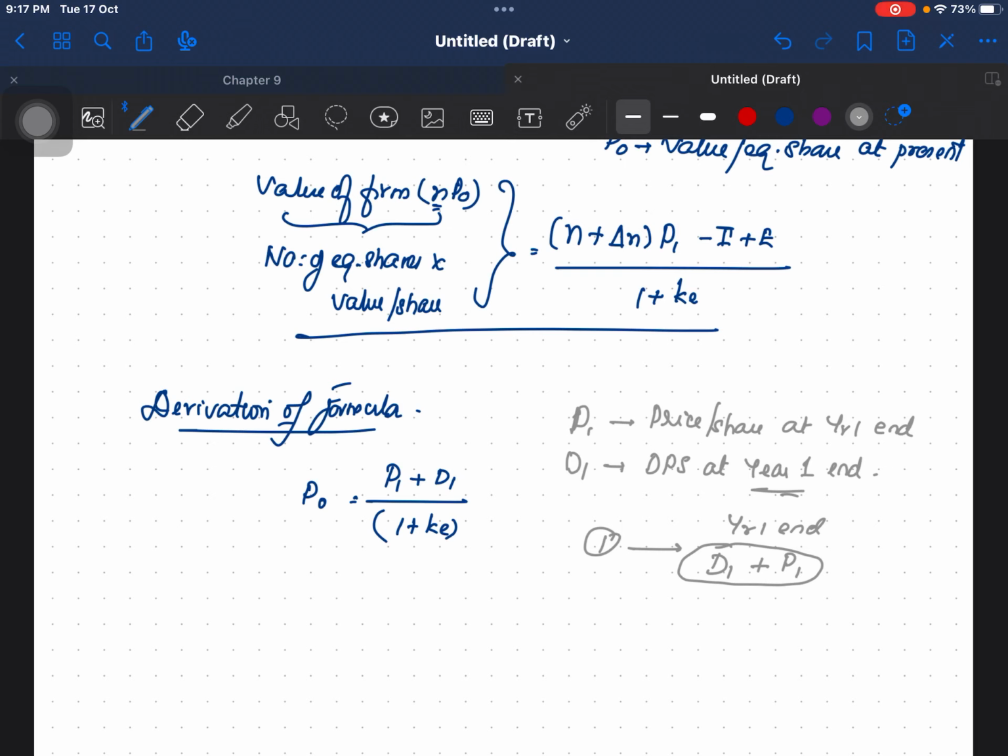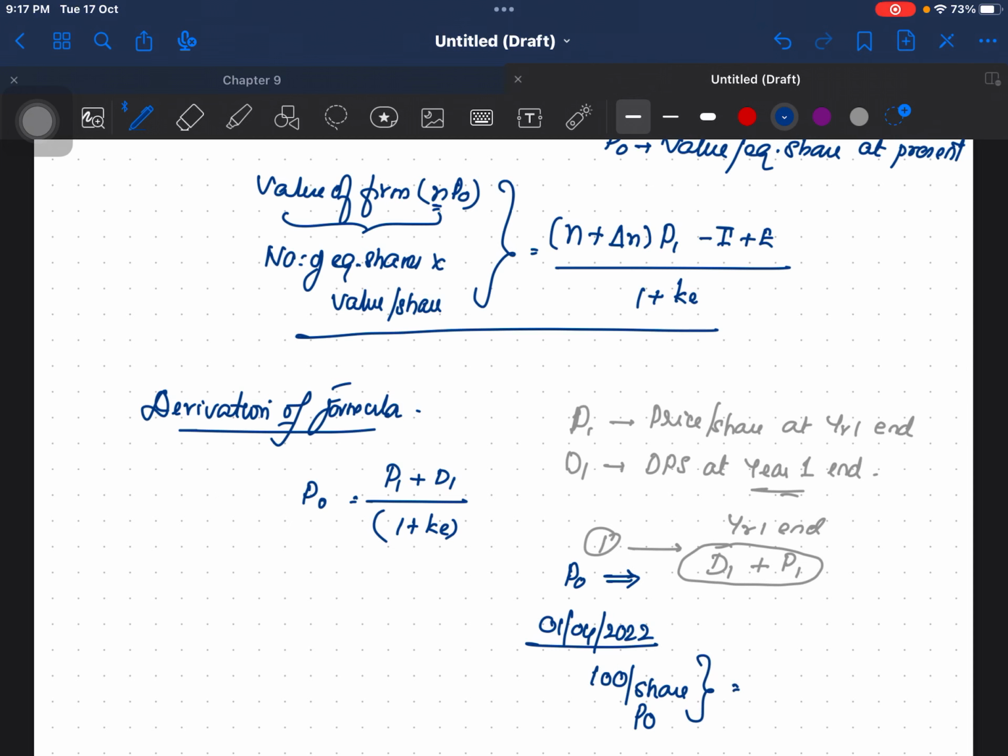And this D1 plus P1 has originated from P0 only. P0 is the value per share at the beginning of the year. So let's say on 1/4/2022, you purchased a share by paying 100 rupees, 100 per share. So this is P0.